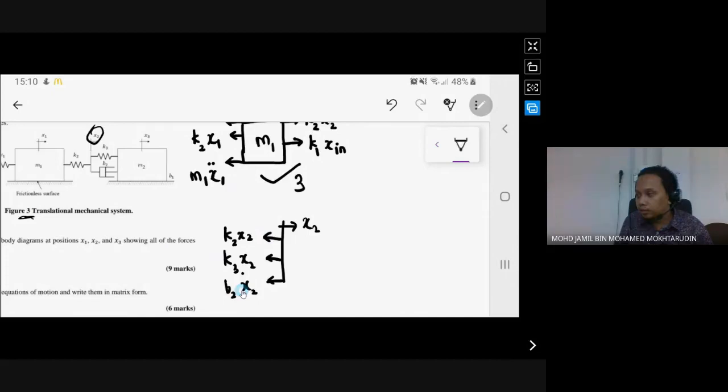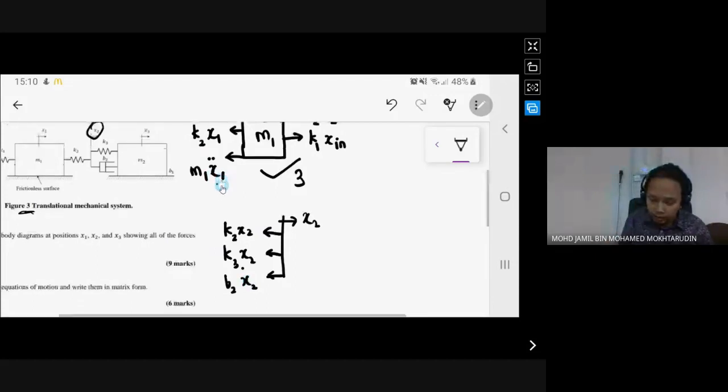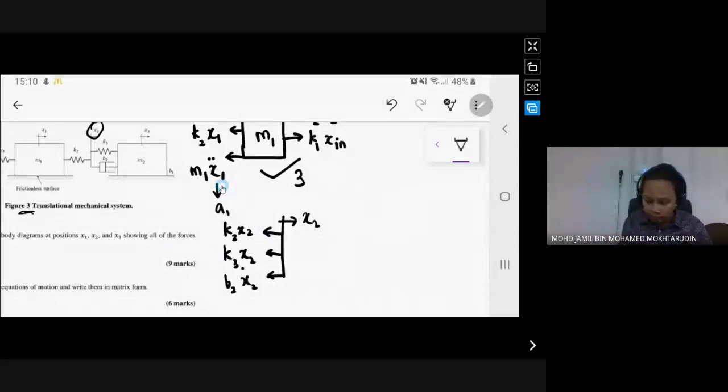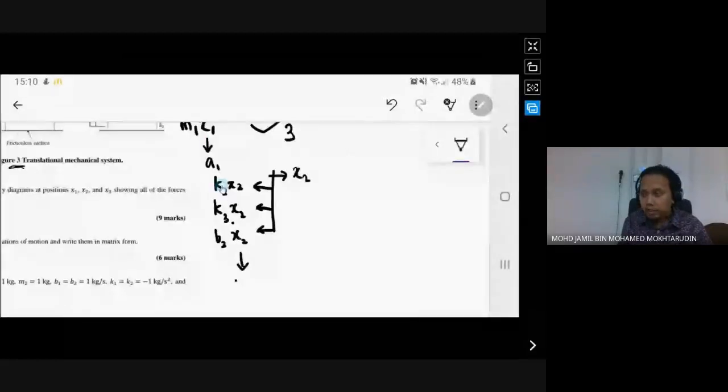Let's say B2 X2, you put 1 dot, or 2 dots, or no dots, minus 0.5. If for X1 some of you put A1, representing acceleration, it's acceptable. Let's say for X2 you put V2 representing velocity, acceptable, okay?